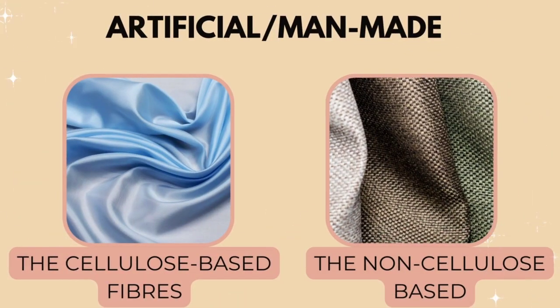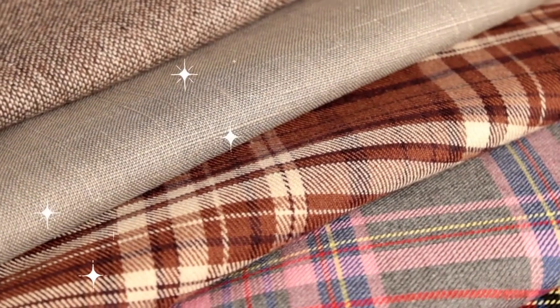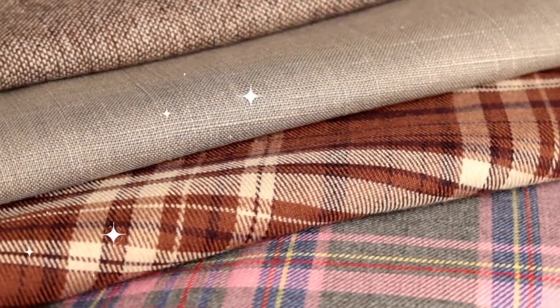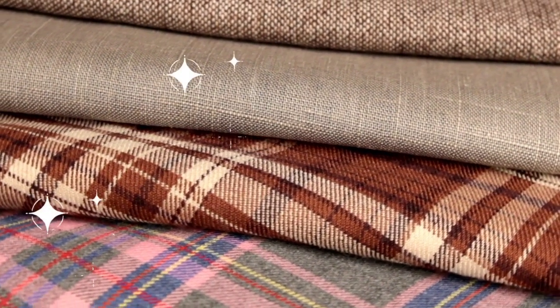Now to man-made fibers, these are classified into two, the cellulose-based fibers and the non-cellulose-based fibers. The cellulose-based fibers are made from cellulose, which is obtained from cotton linters or wood pulp.